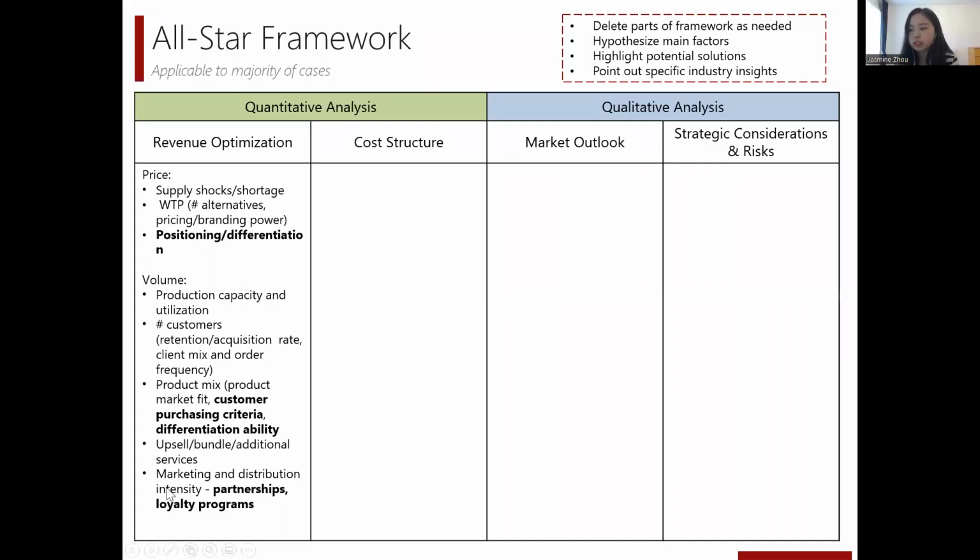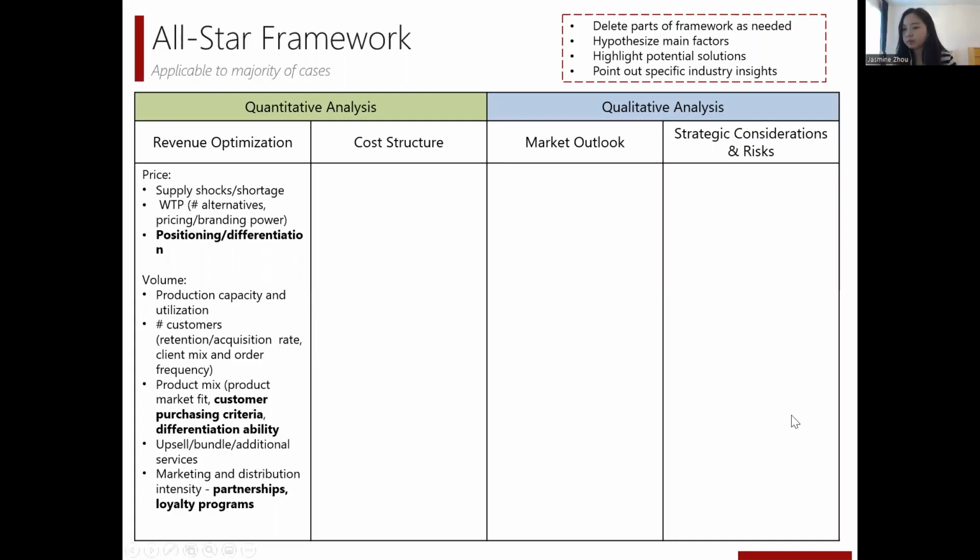And then of course there's also marketing and distribution intensity or efforts. So could you do partnerships, loyalty programs, or other things to increase marketing and distribution? So those are all the possible things that I can think of that I can talk about in this revenue bucket.